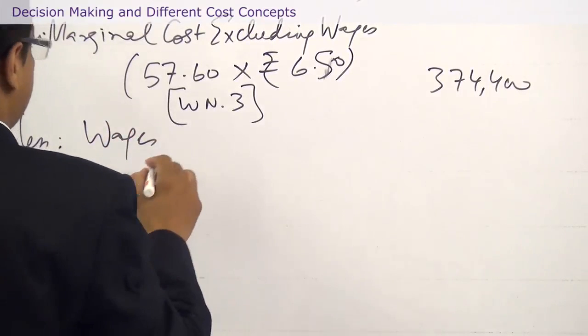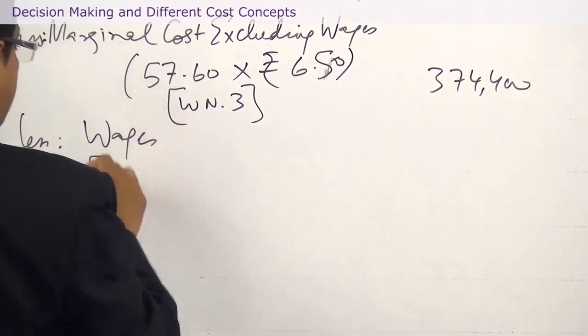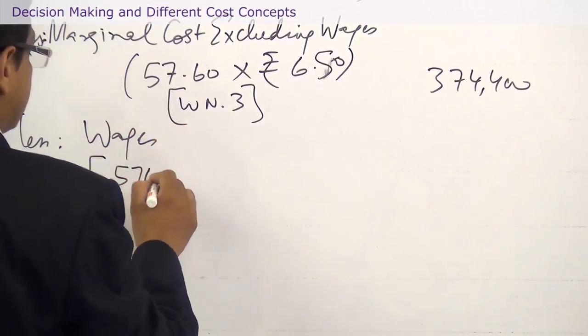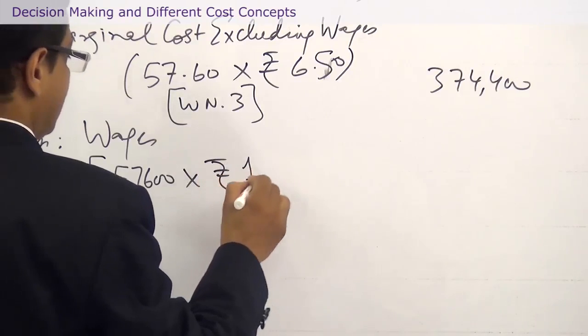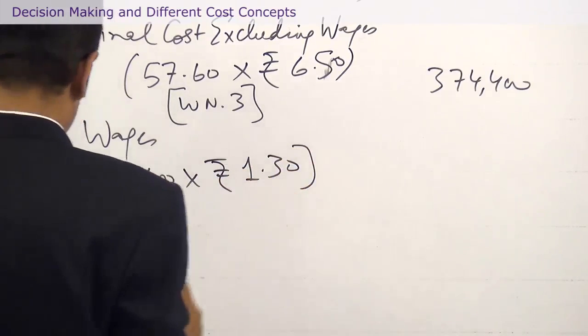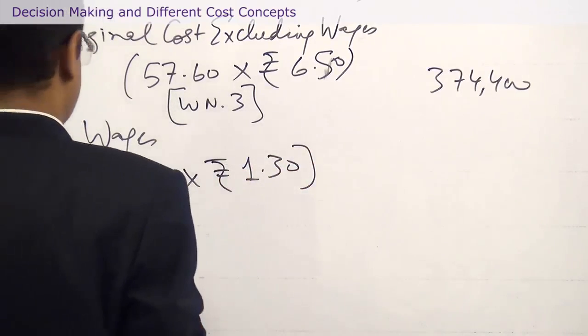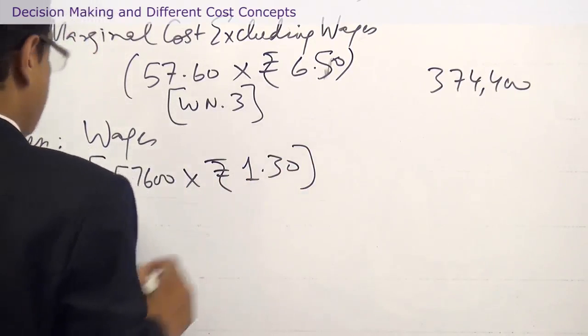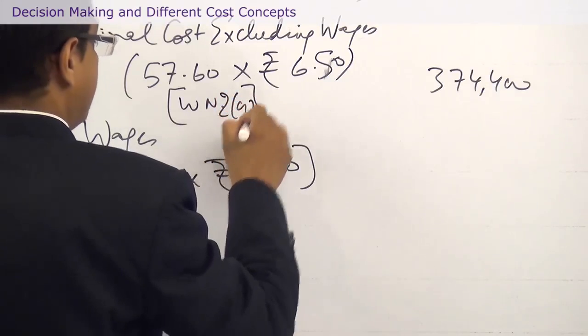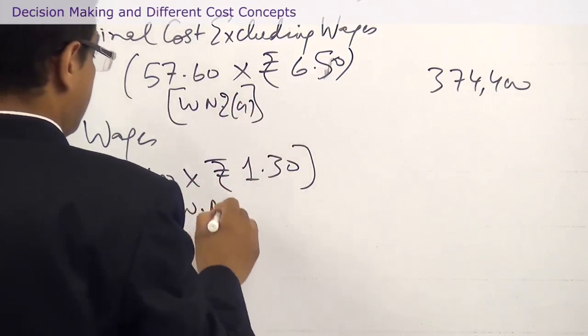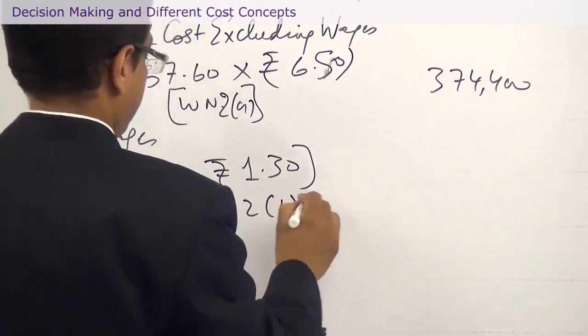This is 57,600 into rupees 130, right? This is the calculation. This was working note number 2A and this was working note number 2B.